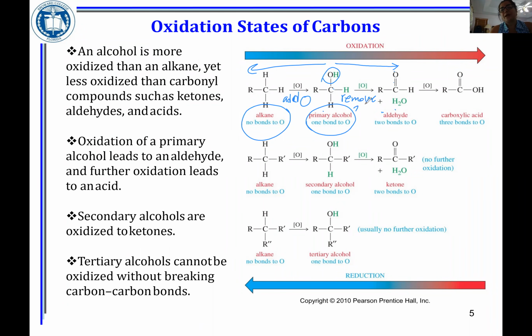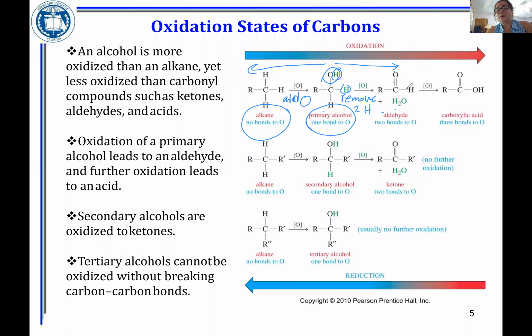Remove 2 H's, remove hydrogen. You remove 2 hydrogens, the green hydrogens are being removed. Please get used to saying that in oxidation you remove 2 hydrogens, because if it's just 1 hydrogen, it's not going to be enough. Just make sure that you mention 2 hydrogens.